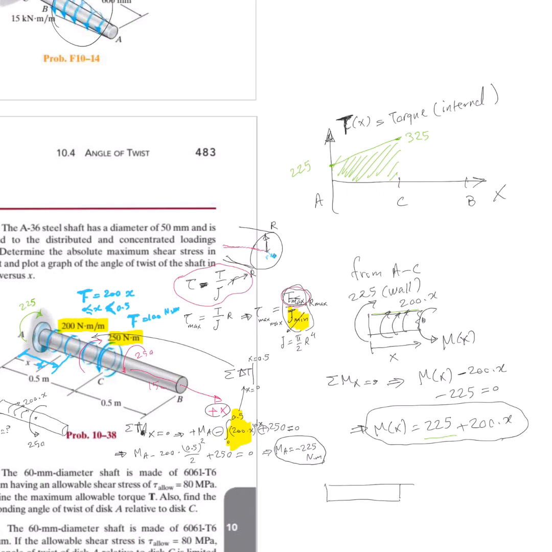In this region, first of all, I have a negative 225 external, and then I have a distributed load from point A to C, and its value is equal to 200 times X, and I know the summation of that is the integral of 200 X dx from 0 to 0.5.